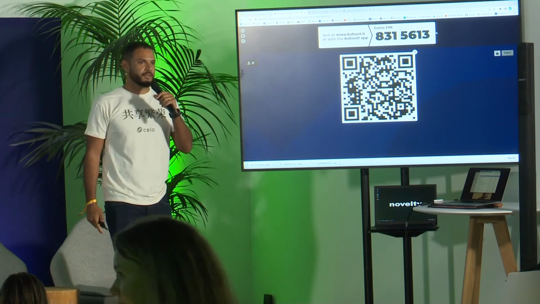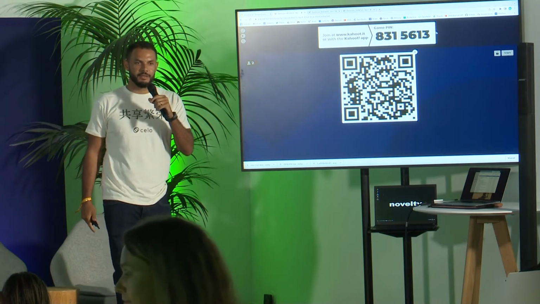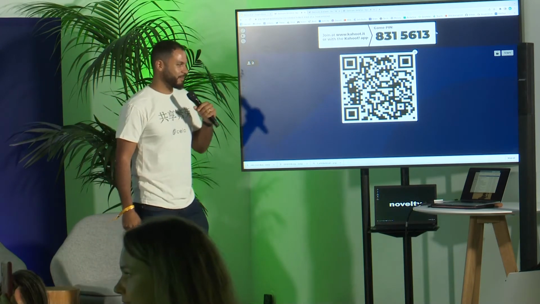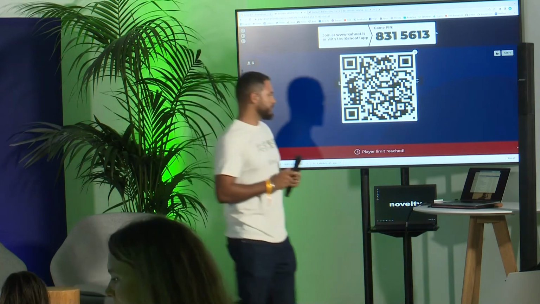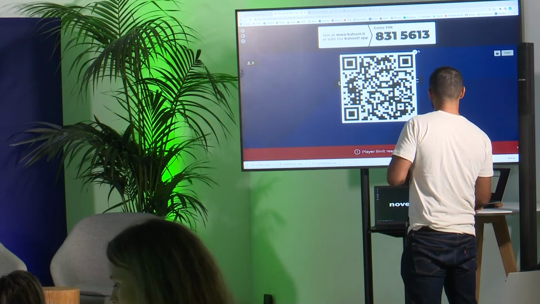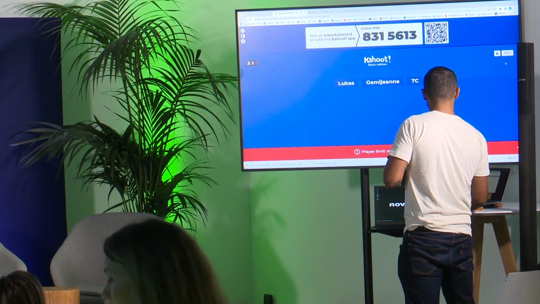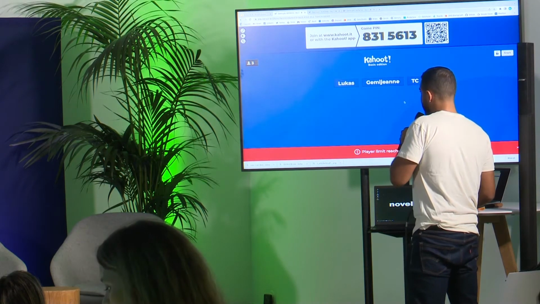Once you've scanned it, create your player name. This is an amazing platform for teaching. Oh, player limit reached. That's not good. Okay, so you have only 3 players.